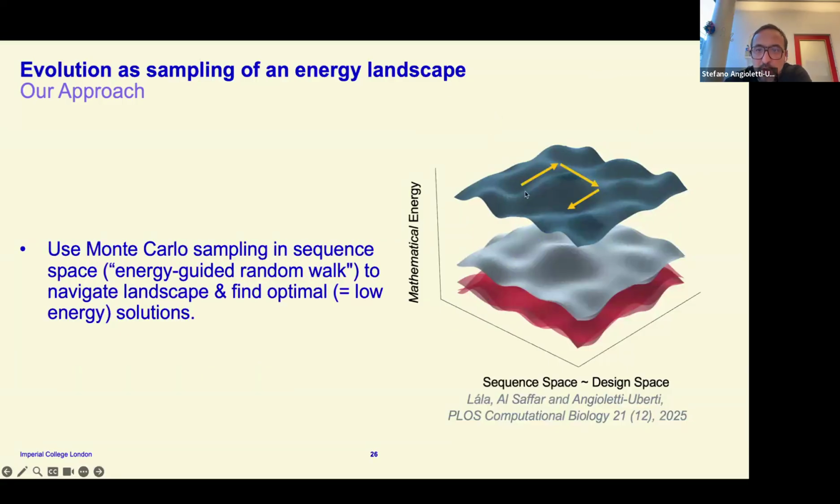Then you start to do mutations and you go from one sequence to another. At each step, you use the energy to evaluate whether your energy is going up or down. If the energy goes up, you accept or reject it with an exponential function. If the energy goes down, you always accept it. Then you keep running this algorithm until you find the minimum of your energy function.